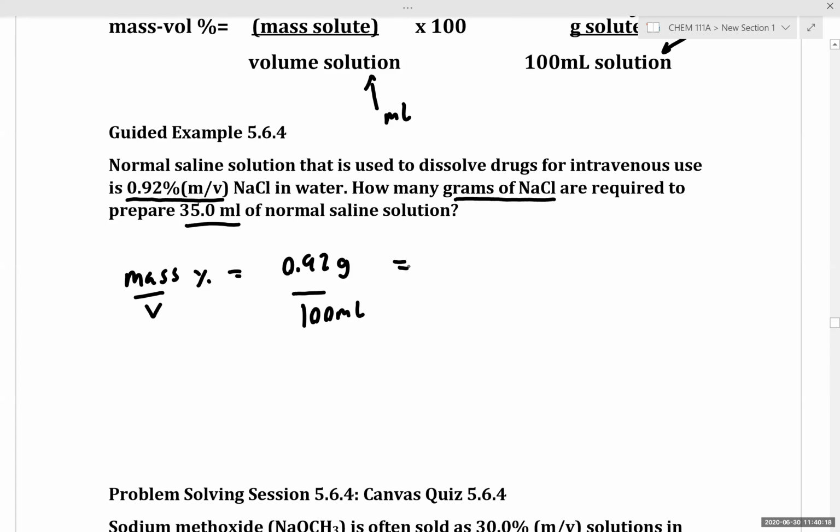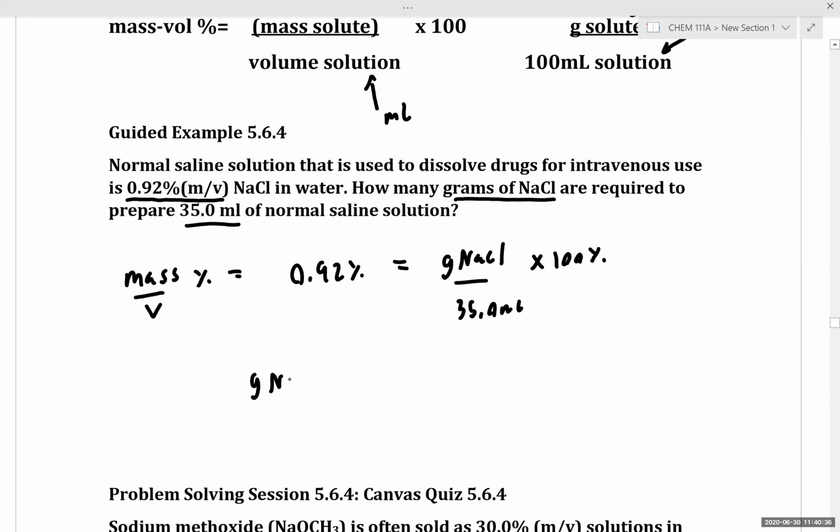And we'll just write this as 0.92 for now, percent, is equal to the grams of sodium chloride over 35.0 milliliters times 100%.